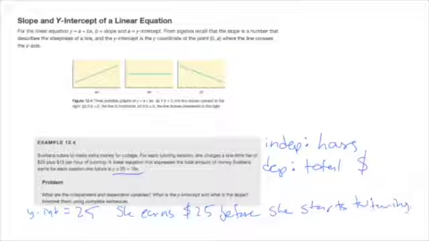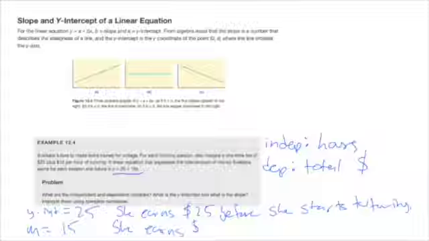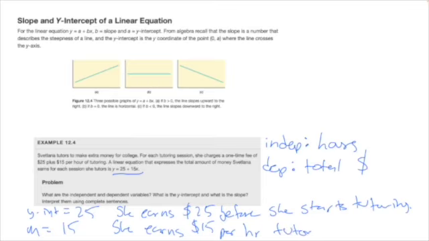The slope, or m, which is what I like to use for slope, is $15. She earns an additional $15 per hour tutoring.